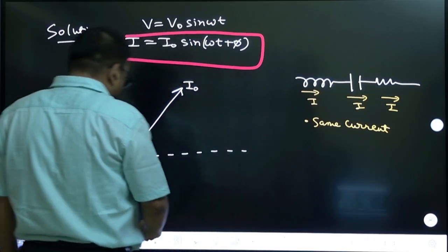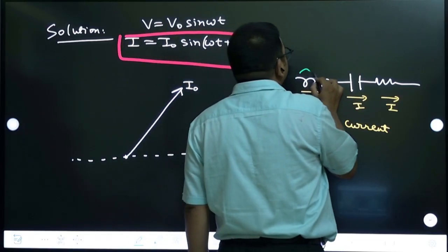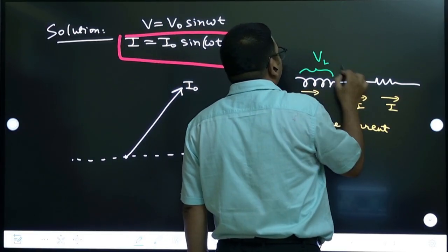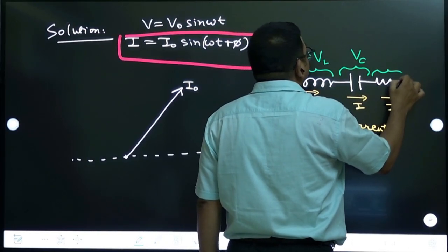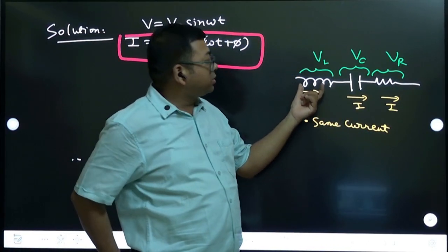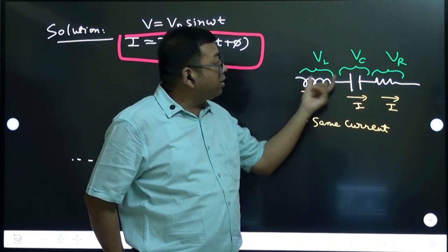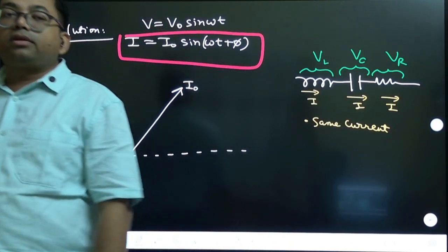But voltages will be different, right? Let us say voltage across the inductor is VL, voltage across the capacitor is VC, and voltage across the resistor is VR. These are the three voltages.